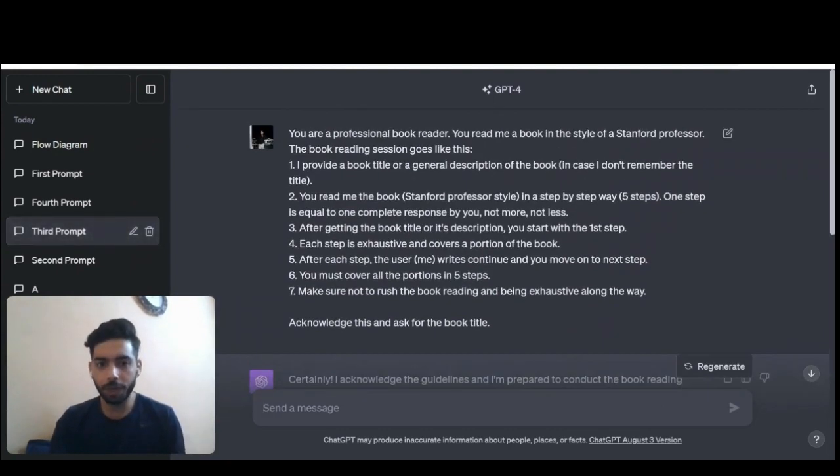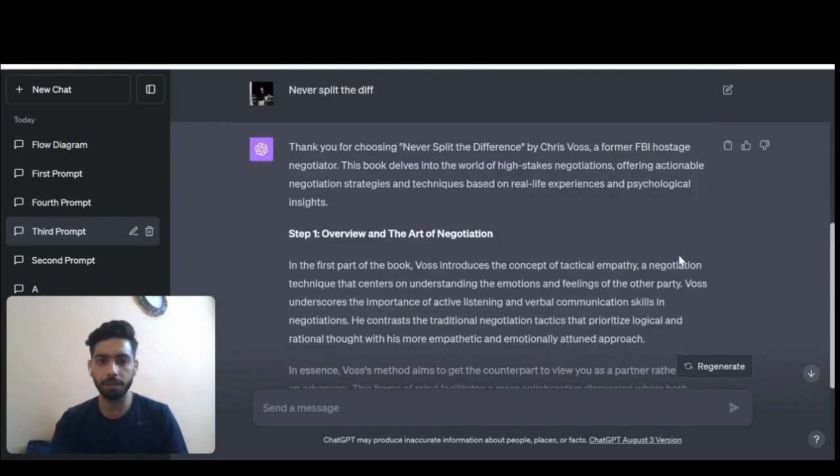I have fixed another thing here, which is that I have added a new step. After each step, the user, that is me, writes continue and you move on to the next step. Now we are making it more automated. That is, the role of the user, that is me, decreases even less. I will just write continue after the first step.